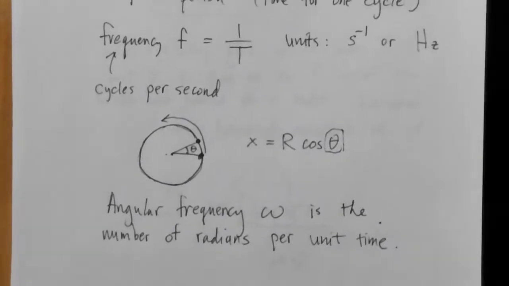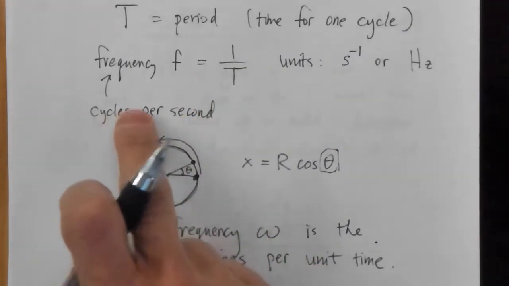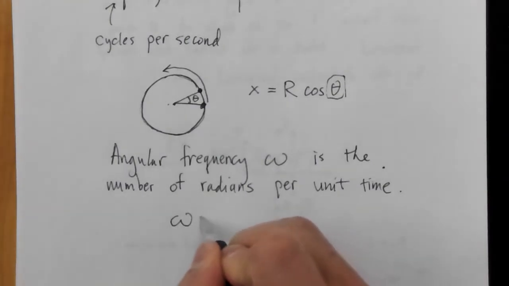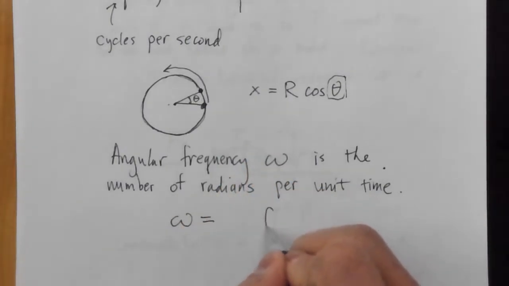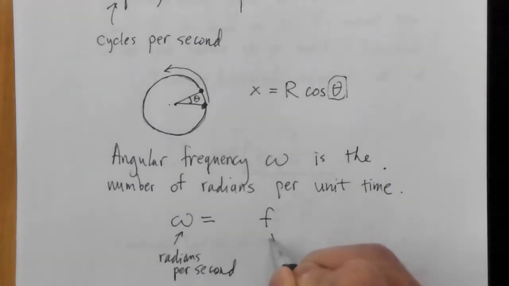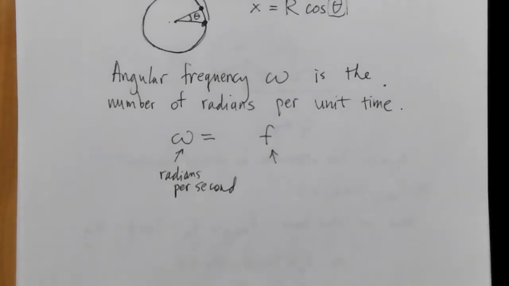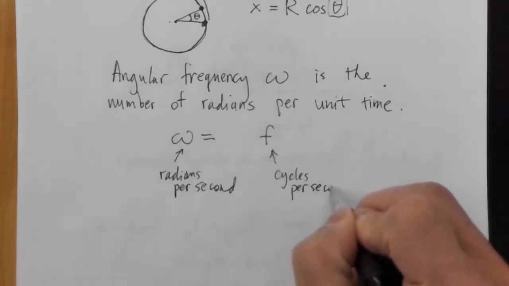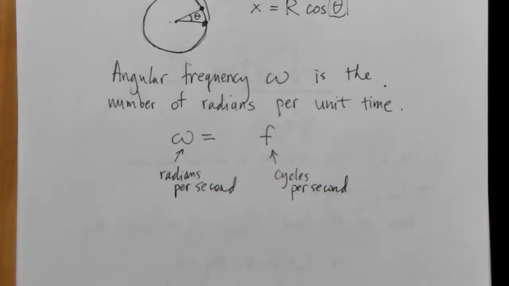Okay, so if I want to switch from frequency, which is the number of cycles per second, and I want to get angular frequency, I want something that converts to radians per, let's say, second, just to make it concrete. But this frequency, f, is the number of cycles per second. I need to multiply by 2 pi, because I'm going to do 2 pi radians every time it does a cycle.